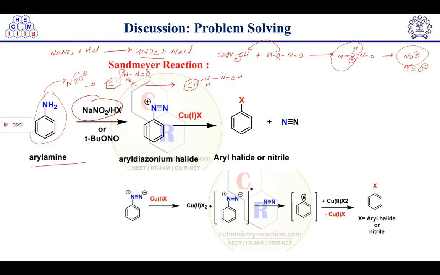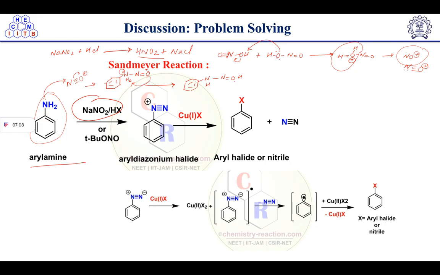We can always remember, we have to show the arrow in the direction of electron flow, from the electron-rich species to the electron-deficient species. That's why I'm showing the arrow from the oxygen to hydrogen, because hydrogen cannot give a pair of electrons, oxygen can donate. The nucleophile will always donate the pair of electrons, so the arrow should end at the electrophile and start from the nucleophile. This is the rule for arrow pushing mechanism.